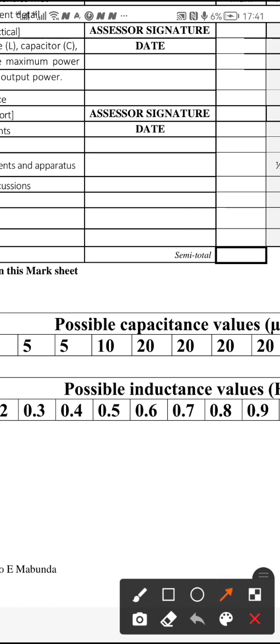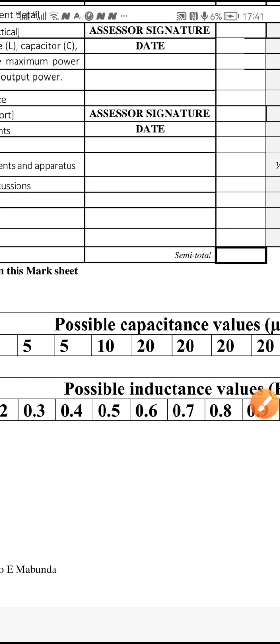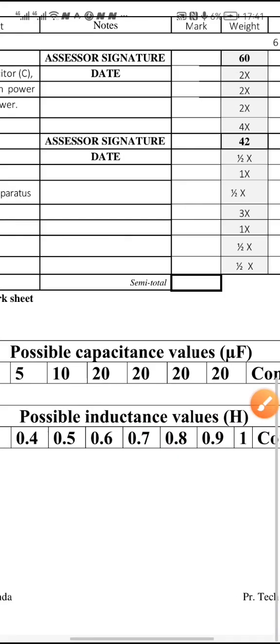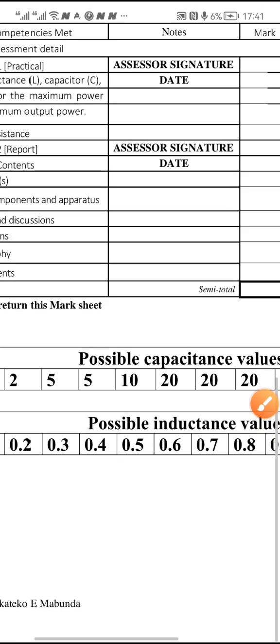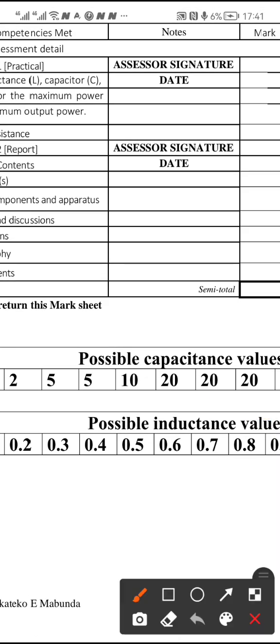I will choose, say, 0.25. If you check there, it's not in the list for possible inductance values. So I'm choosing that for you not to follow my steps. Right, students are good in emulating. So it's 0.25 I choose.